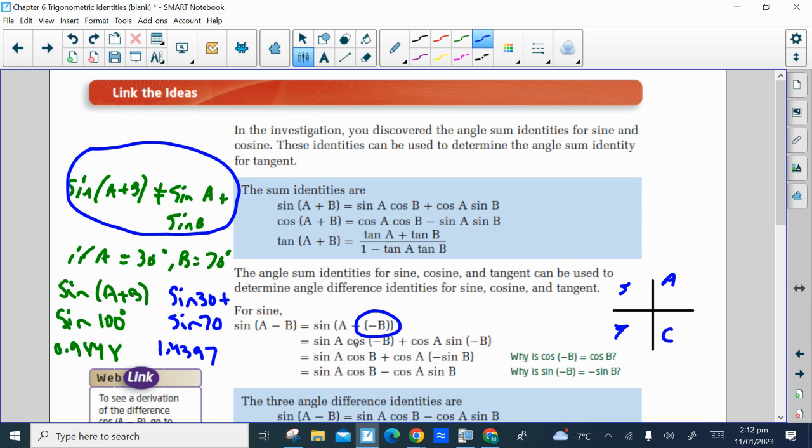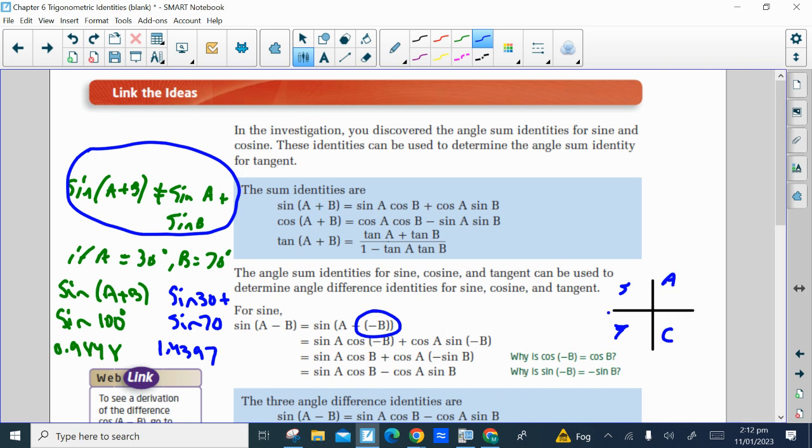So that is why the cosine of negative b became the cosine of b, and it's also why the sine of negative b became the negative sine of b, because you're in the C quadrant. Only cosine is positive. And so this negative goes in front, and that's where the difference identity for sine comes from.